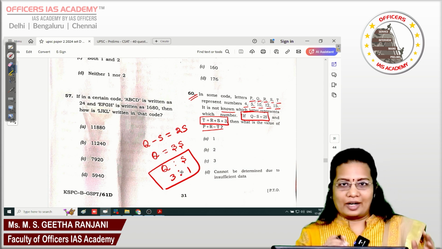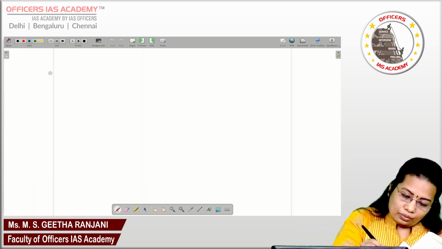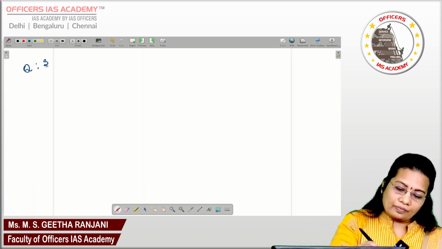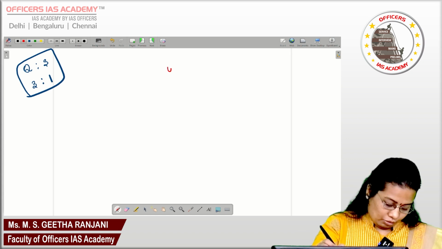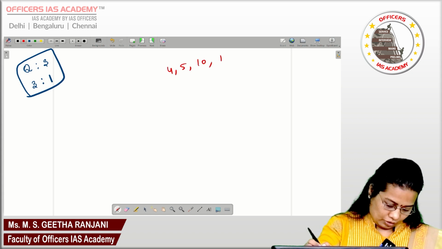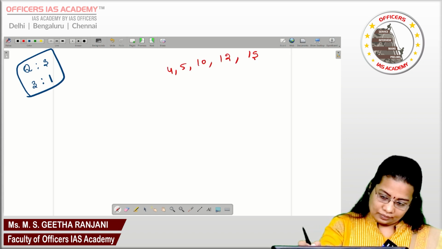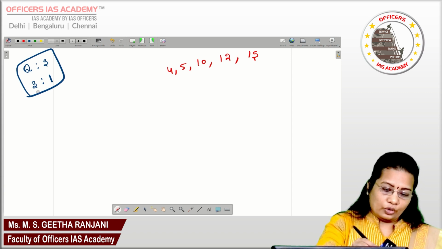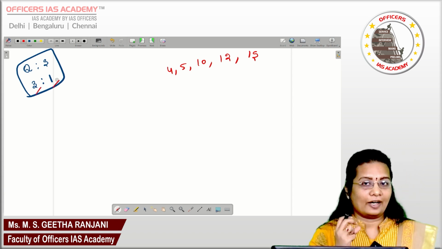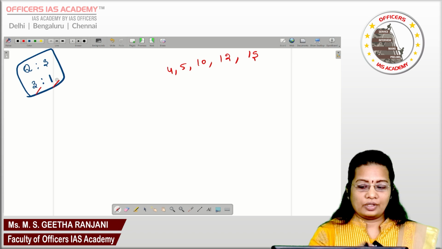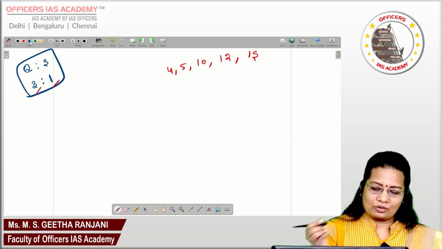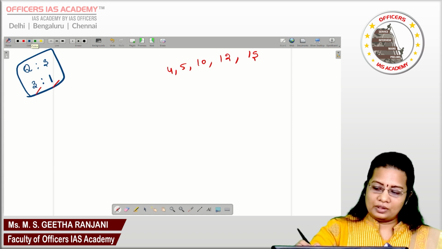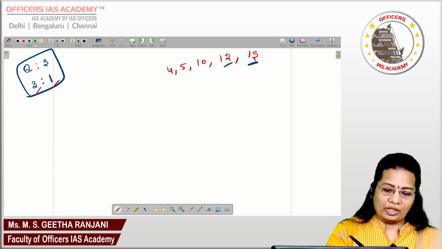Let's solve on the white sheet. So Q is to S is 3 is to 1. Now what are the possible values given? The values are 4, 5, 10, 12 and 15. Here Q is 3 times S. So a multiple of 3 will be there, as well as 1. Every number is a multiple of 1. So what is the idea here? I can see 2 multiples of 3.